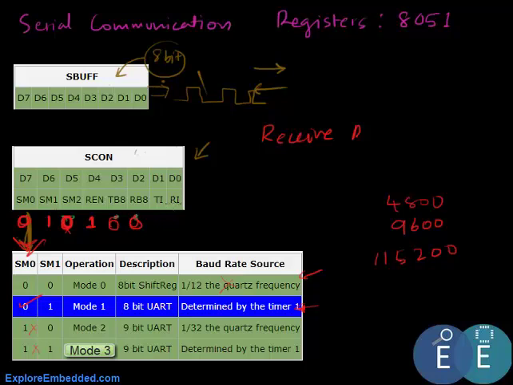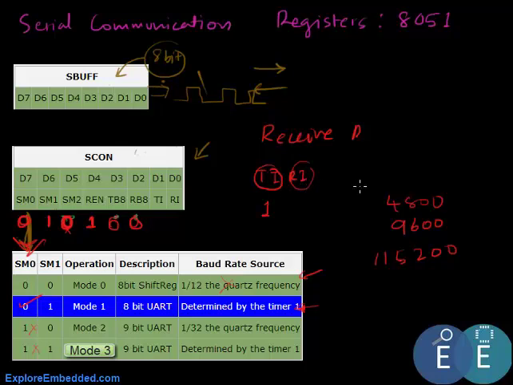Now these are two important bits, TI and RI. This is called the transmit interrupt, and this is called the receive interrupt. When we place a byte in the buffer and transmit it, as soon as the UART unit inside the 8051 completes transmission of this byte, it makes the TI bit 1.